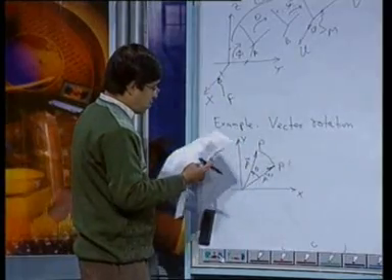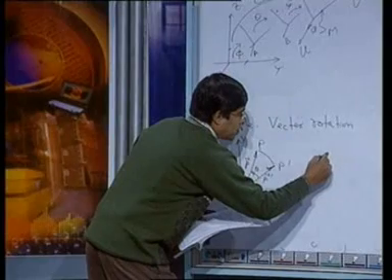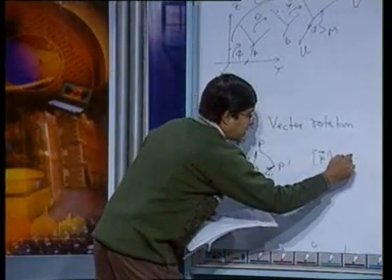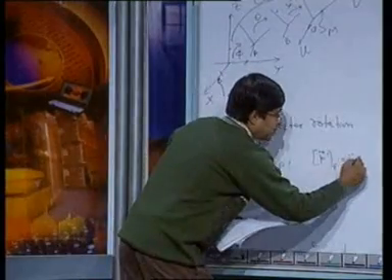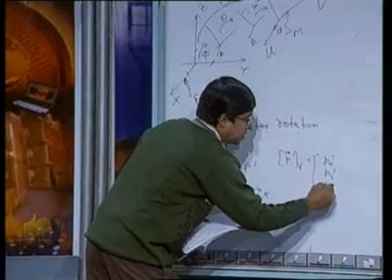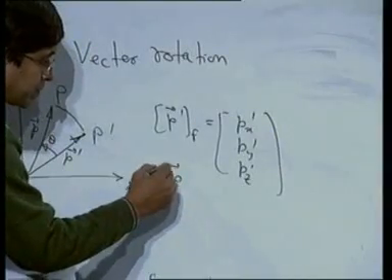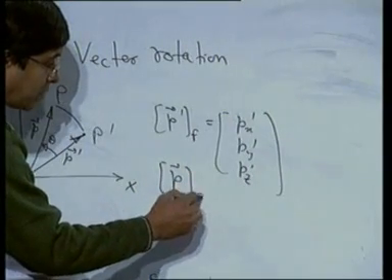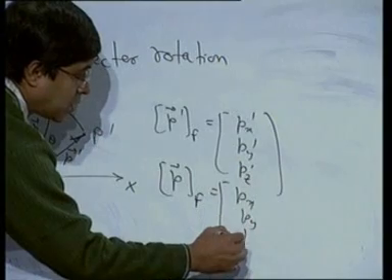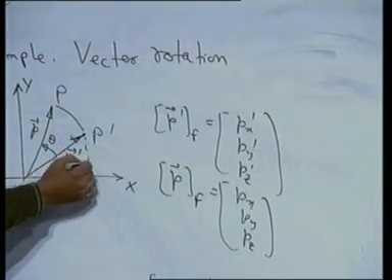Now, if you want to write p prime in the fixed coordinate frame, it has components p x prime, p y prime and p z prime, and p in F has p x, p y and p z.